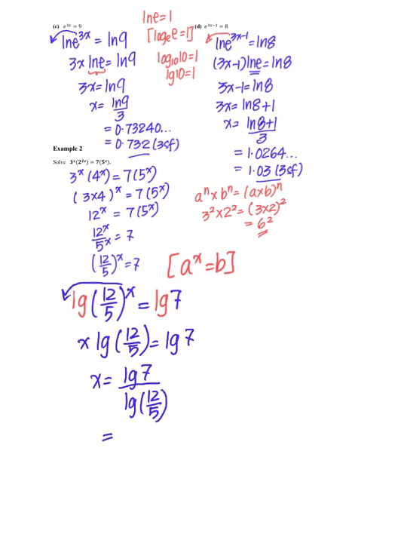Use a calculator: lg 7 divided by lg (12 over 5). You should get 2.2227, so it's 2.22 correct to 3 significant figures.